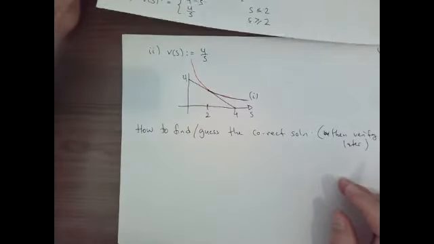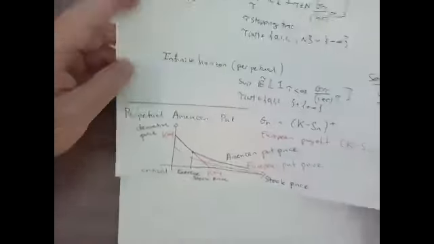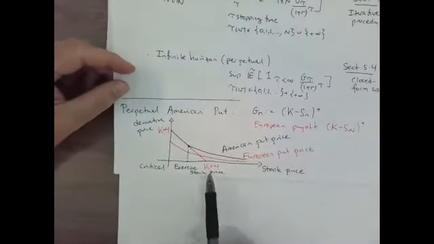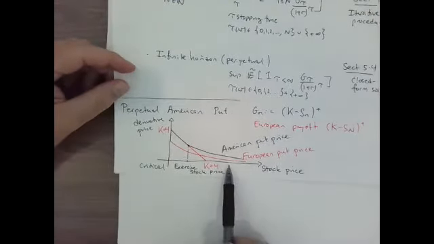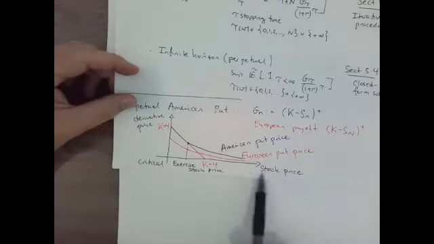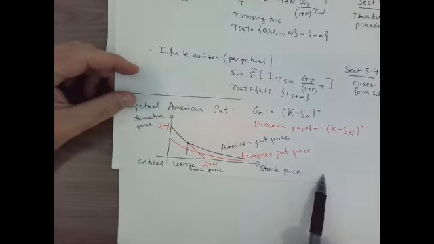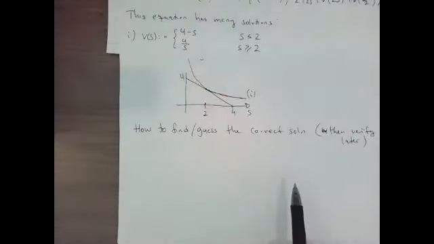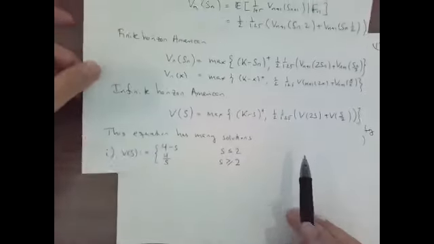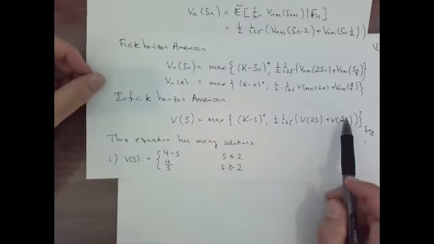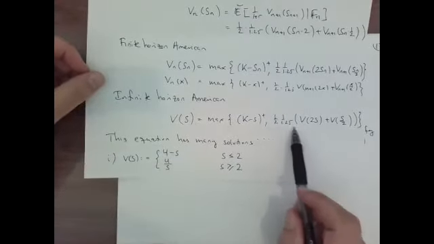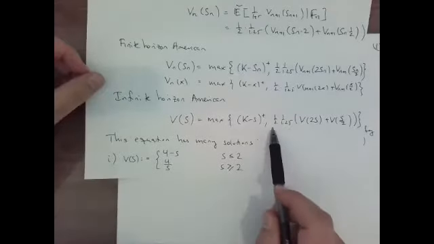Well, what happens when S is big, right? S is our stock price. What happens when you're far out here to the right? Well, if you're far out to the right, then this term here should dominate.